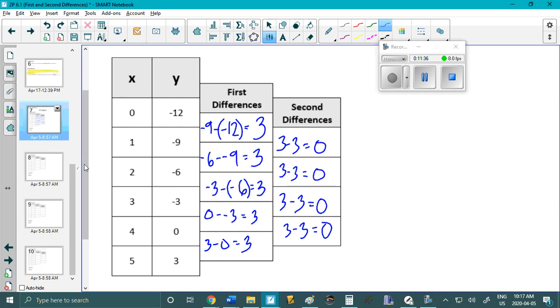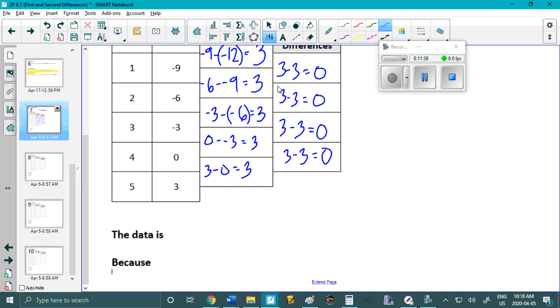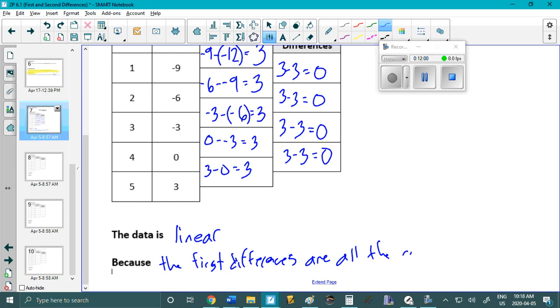And then on your sheet, it says just like this. The data is linear, quadratic, or neither. It is linear because the first differences are all the same.